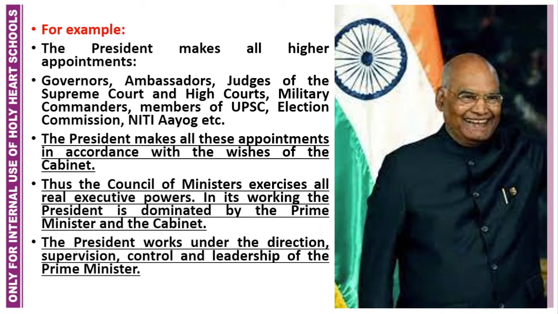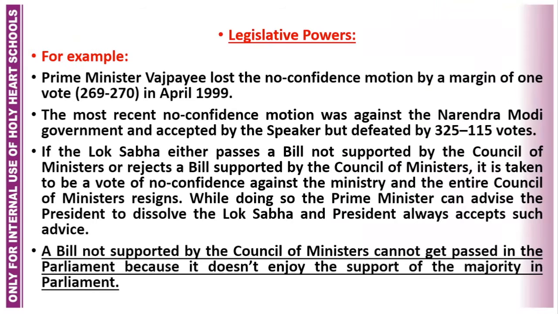The President works under the direction, supervision, control, and leadership of the Prime Minister. The reason is we are living in a parliamentary democratic structure. But in the US there is a presidential democratic structure. That's why there is a difference. The president in the US is the real executive, but in India, the Prime Minister is the real executive.